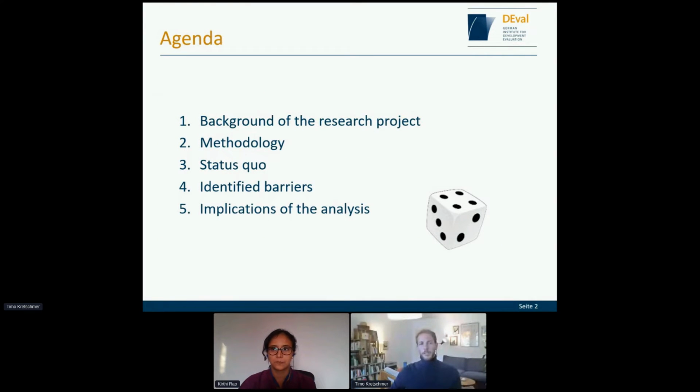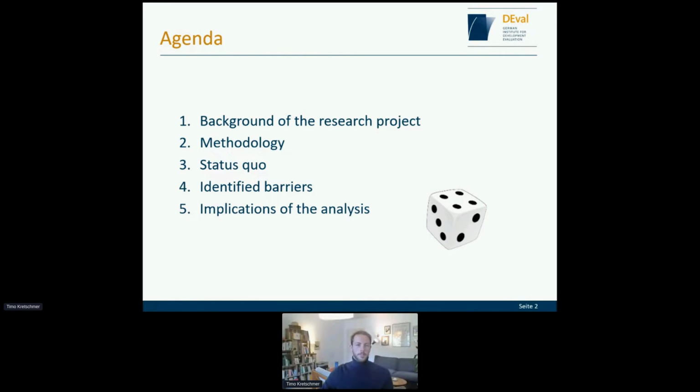I'm going to tell you a little bit about the project and its background, then what methodology we used, and then jump to findings on the status quo of evidence take-up in German development cooperation, then the barriers that we identified, and also what our analysis has as implications.